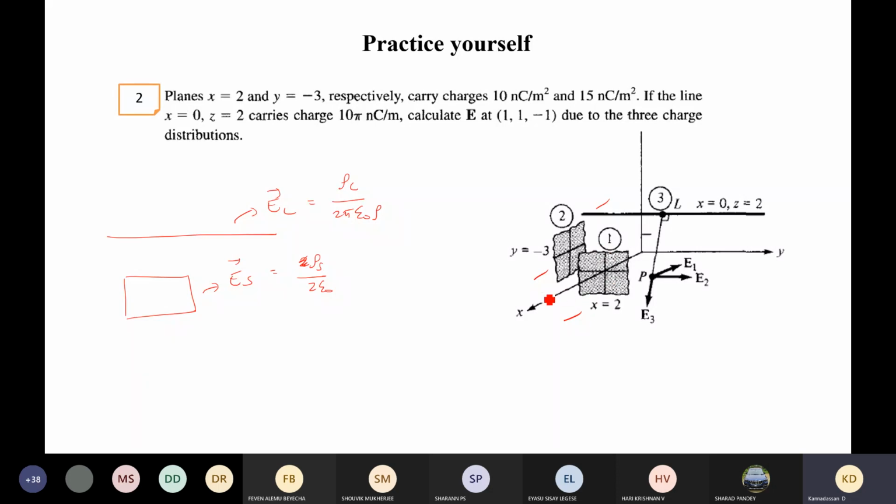This sheet is located at x equal to 2, and this one at y equal to -3. The point is at (1, 1), within this region. If you see from the top, you will see it like this.